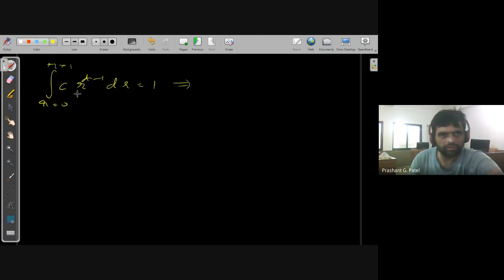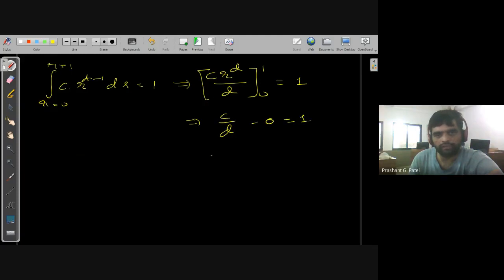This is a density function, and if you integrate, this will be c r power d upon d, with limits from 0 to 1, equal to 1. We need to calculate the value of c from this. So that gives c by d minus 0 is equal to 1. So that gives c is equal to d.